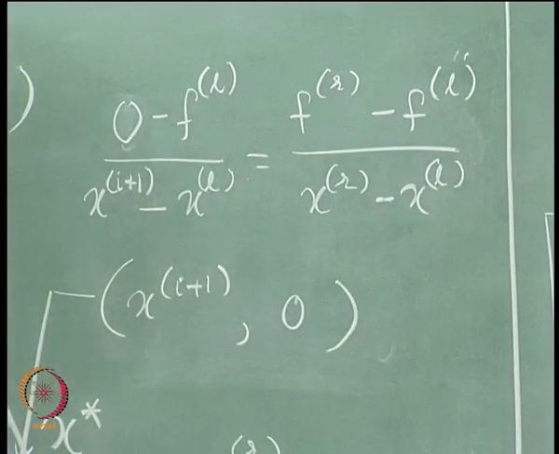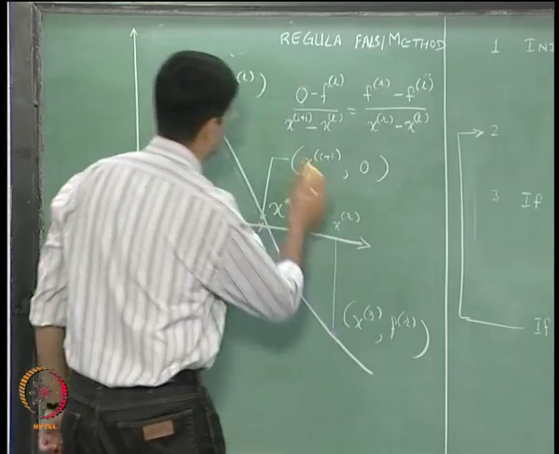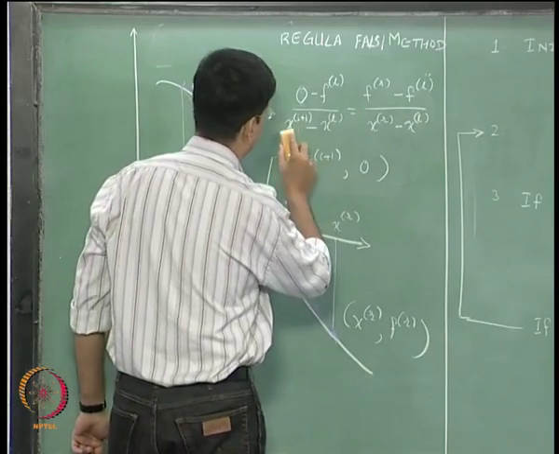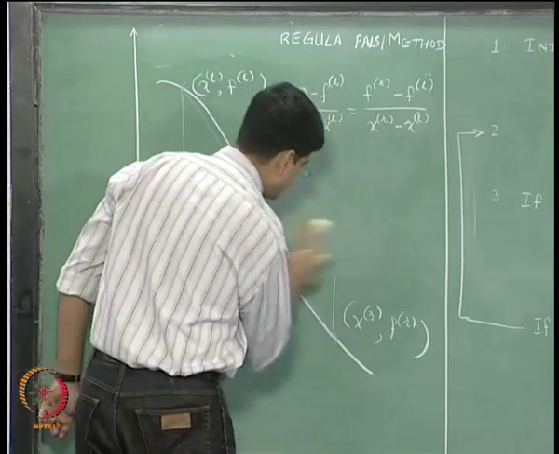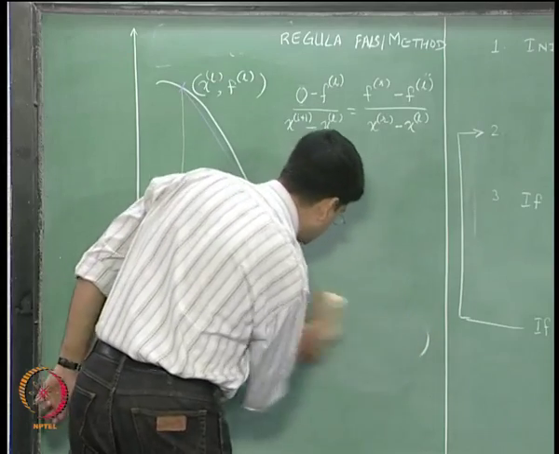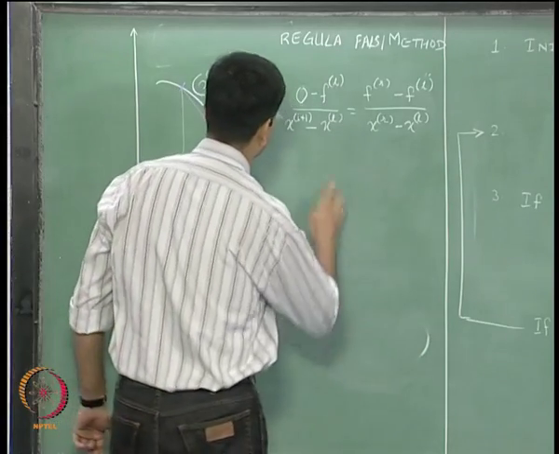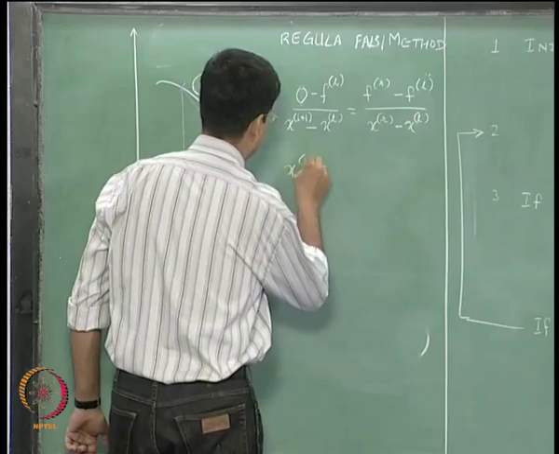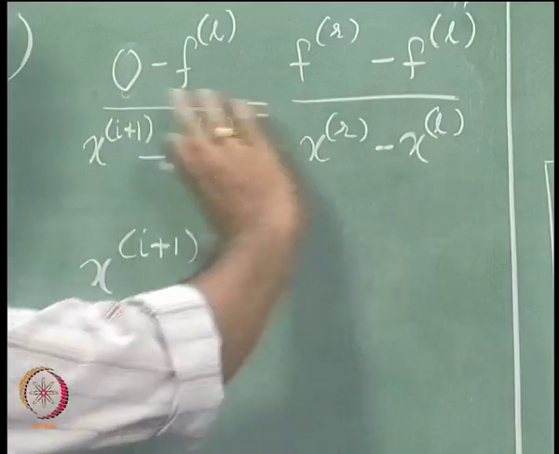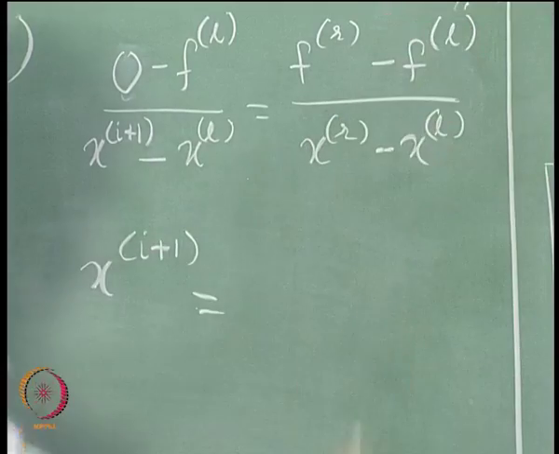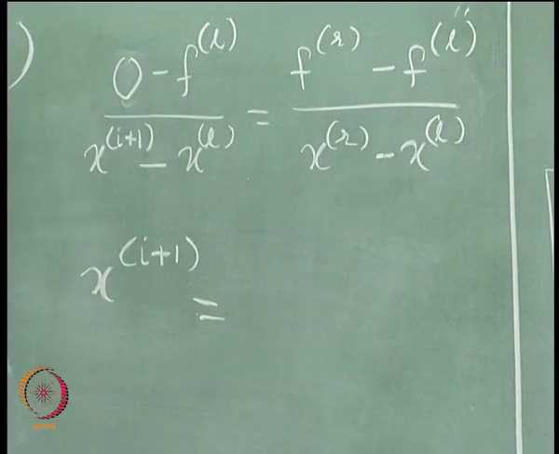And we can just rearrange this equation in order to get the solution for x_{i+1}. We will just invert that and take f of x_l onto the other side.